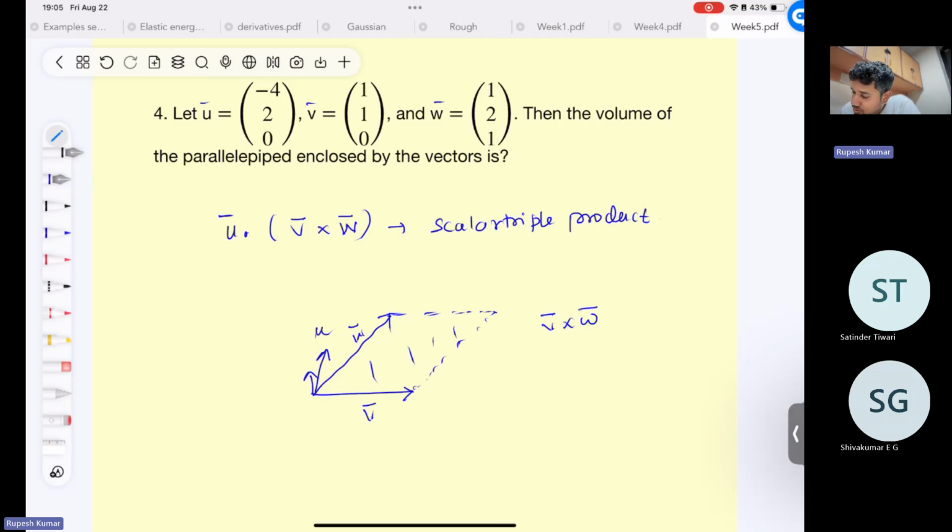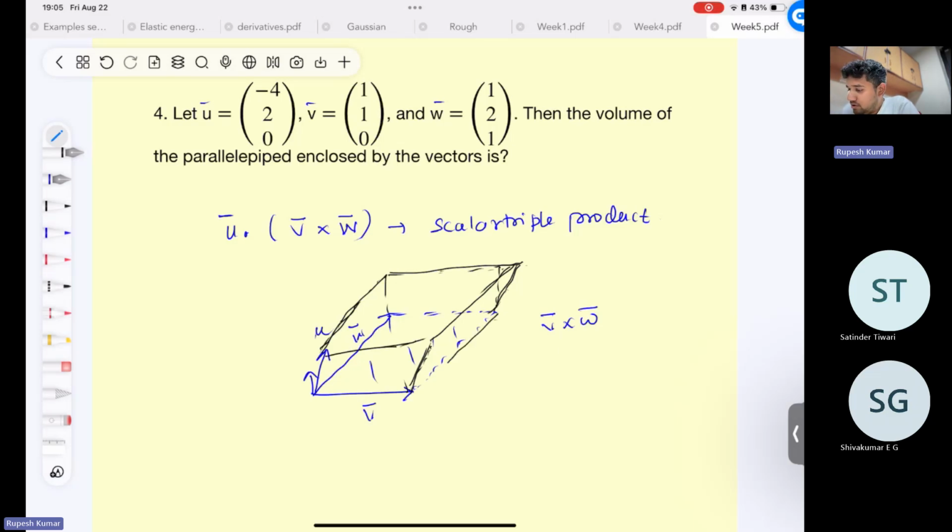So now what you do, you form a parallelepiped from these three edges, right? Now this will be your parallelepiped.